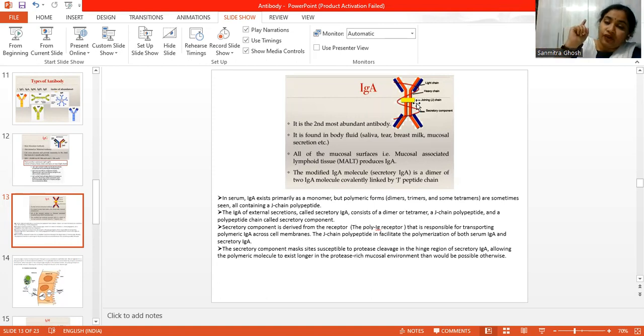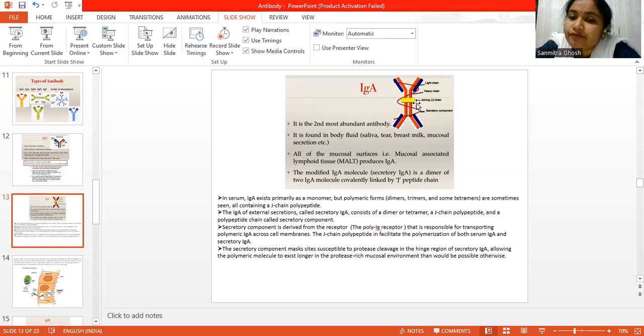And one of the very important features of the secretory component is that it will mask the sites of the Fc region, particularly in case of the IgA, which are susceptible to protease cleavage in the hinge region of the secretory IgA. And this allows the polymeric molecule to exist for a longer span of time in the protease-rich mucosal environment, which otherwise would not have been possible.